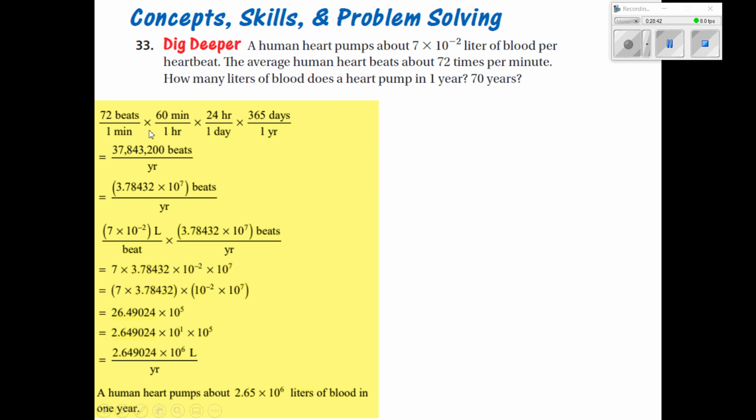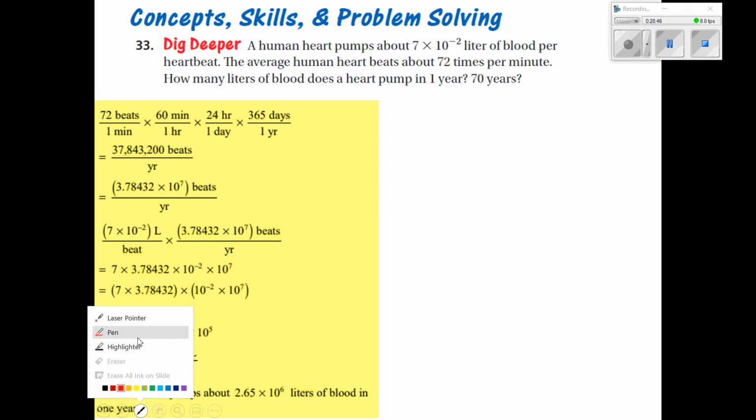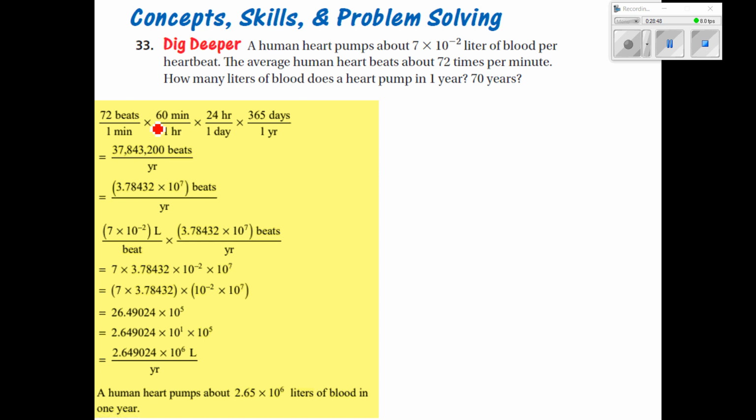Remember, we're crossing out all the units of measure that are the same on the top and bottom. So the minutes are going to be removed. The hours are going to be removed. The days are going to be removed. Now I multiply all these numbers together, okay? And that's what gives me this big number right here. And 1 times 1 times 1 means we have 1 year left over.